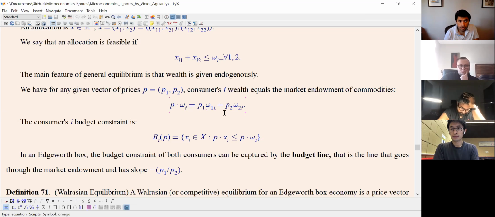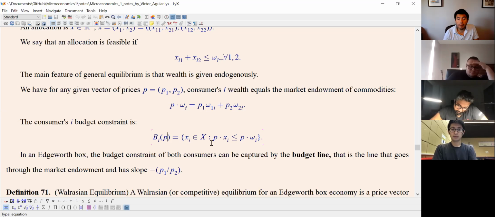So the new thing here is that the budget constraint now doesn't depend on an exogenous income. Income is no longer a parameter, okay? Parameters are things that are given to you, exogenously. So in this model, income is endogenized.